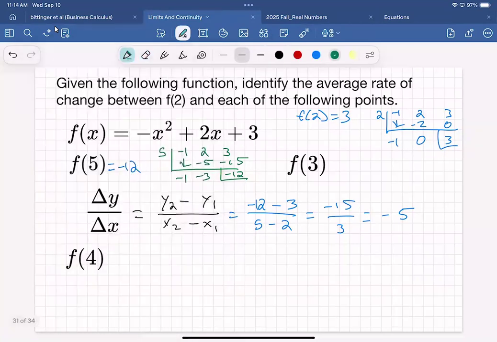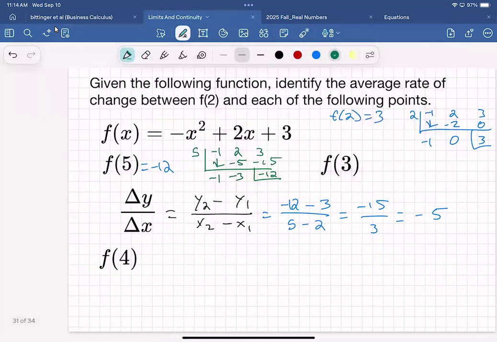As far as the rest here, we can do those through the same process. When we plug in f of 4, though, we get -5, sorry.